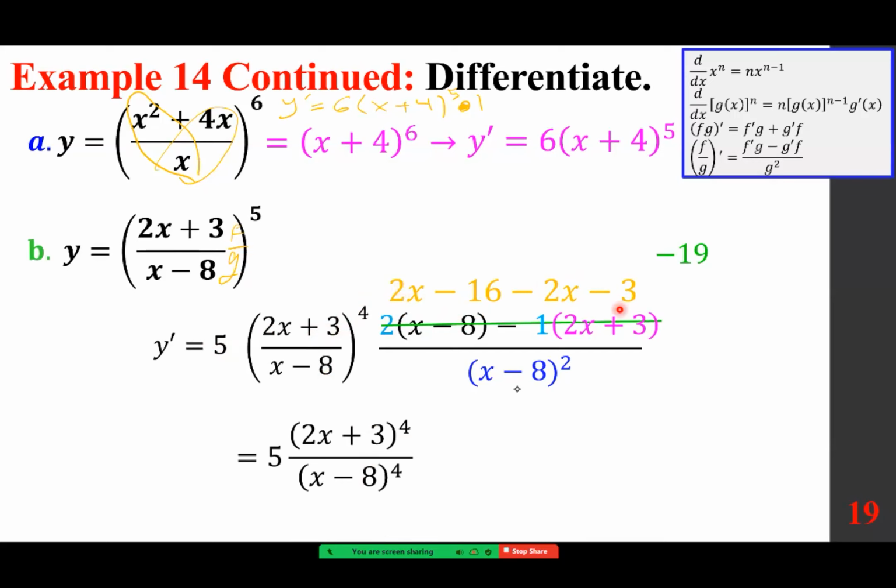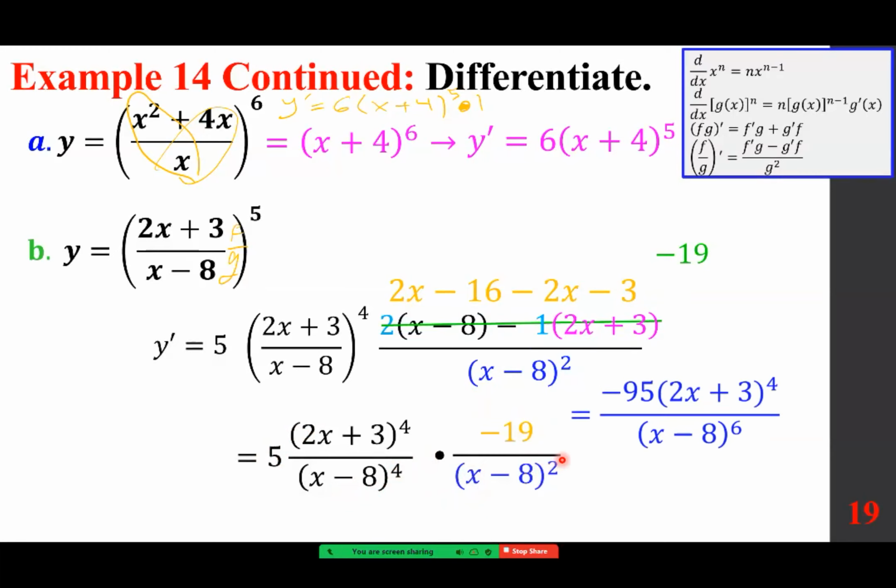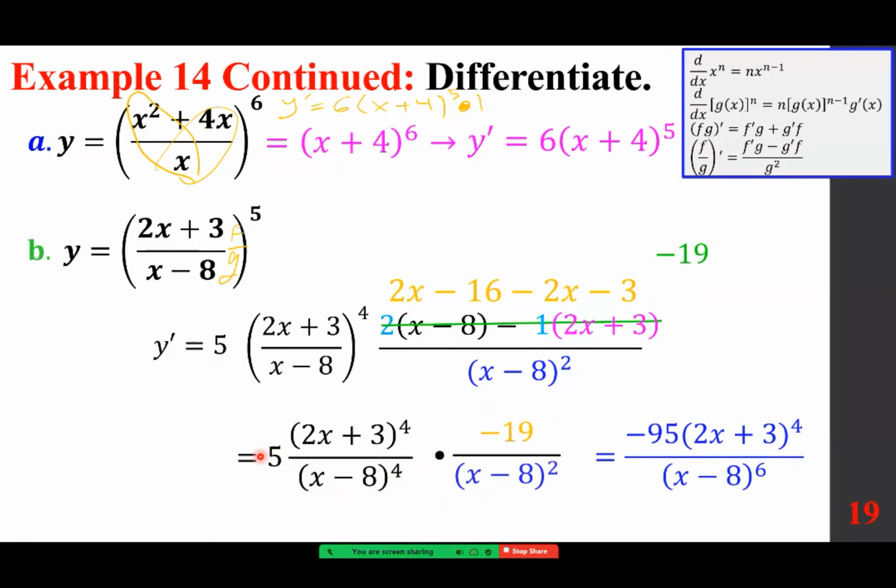And this one is obviously negative 19 over x minus 8 quantity squared. So if you have a huge fraction bar, this at top, this at top, this at top. The product of these two is negative 95. The product of these two is x minus 8 to the power of 4 plus 2. 4 plus 2, which makes it 6. So 5 times negative 19 is negative 95 times 2x plus 3 to the power of 4 over x minus 8 to the power of 6 as the final answer, everybody.